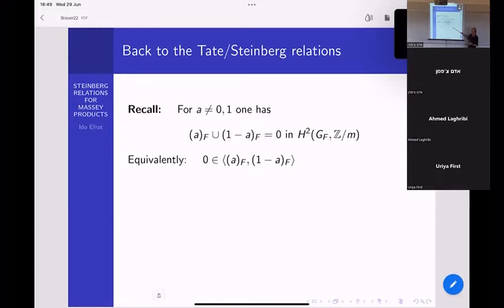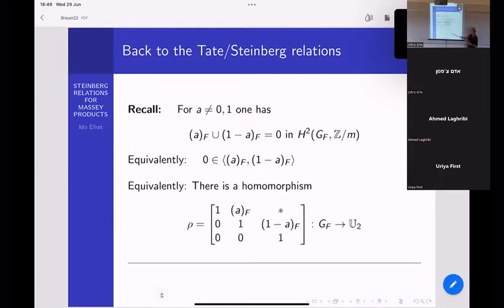So here is that 0 is contained in this twofold Massey product, right? Because of the last remark from the previous slide, it means that there is a continuous homomorphism from the group into the unipotent matrices with the two Kummer elements of a and 1 minus a on the super diagonal. And here I don't care what, some continuous map, making the whole thing a homomorphism.